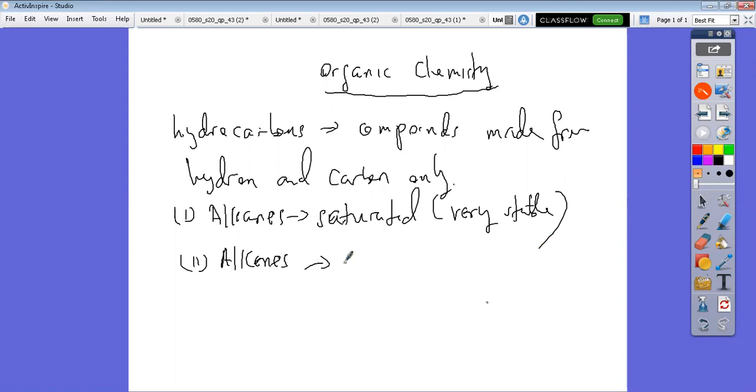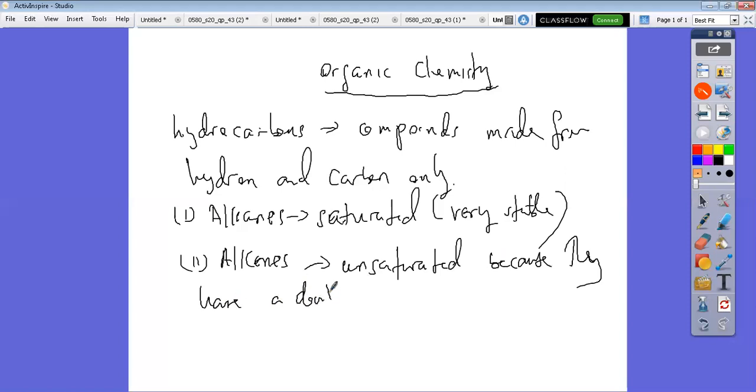And these ones are unsaturated because they've got a double bond. Unsaturated, because they have one pair of a double carbon-carbon bond, which makes them unstable altogether. Unstable and can easily react.